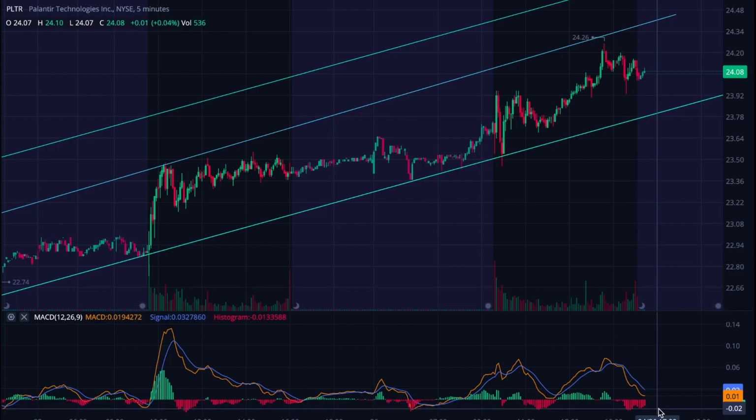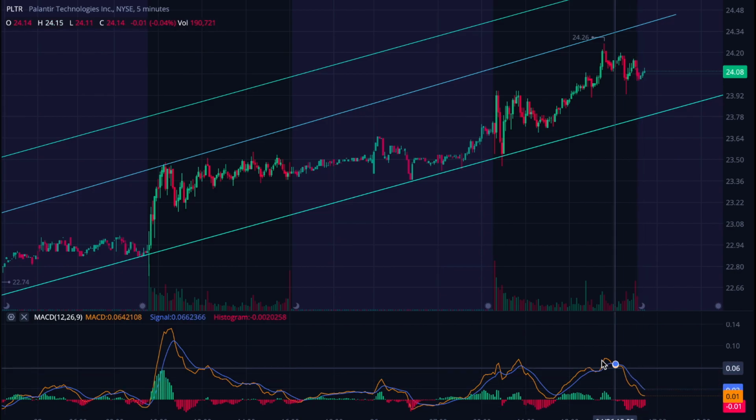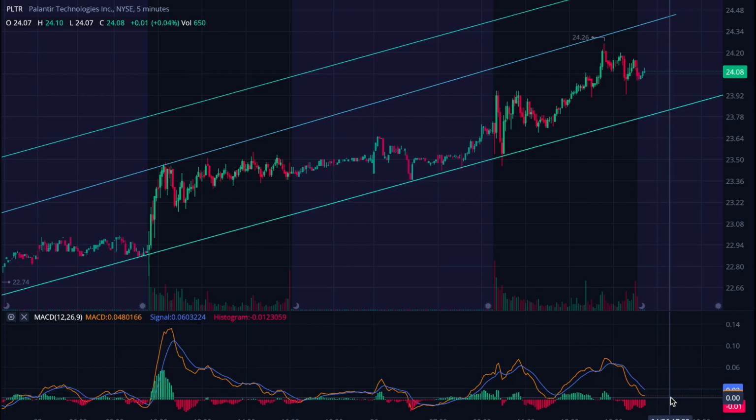Also, the bearish momentum is picking up. So if you look at this, the depth of this histogram versus the depth of the most recent one is deeper. A little bit, but it is deeper. And then the bullish momentum is dying down a little bit. So you see the height of this histogram here slightly higher than this one here.